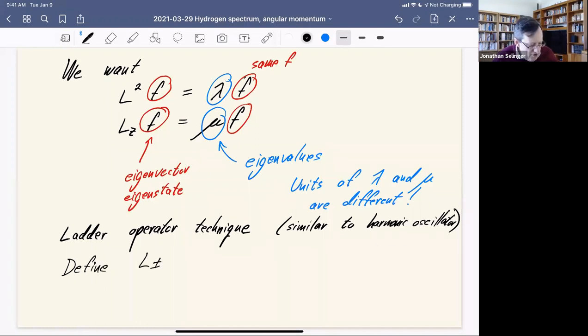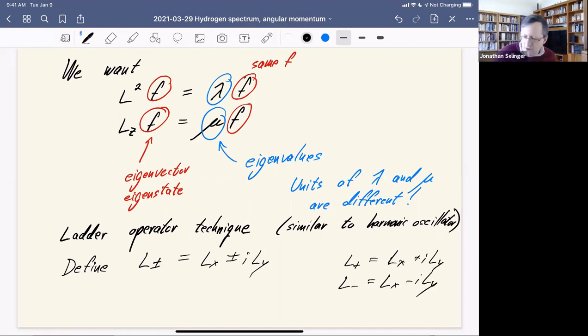We're going to define a pair of operators, L plus and minus, which are equal to Lx plus or minus I Ly. As usual, this is two equations in one. L plus is Lx plus I Ly, and L minus is Lx minus I Ly.